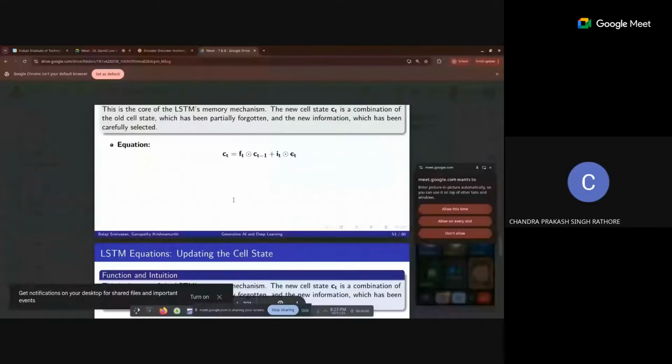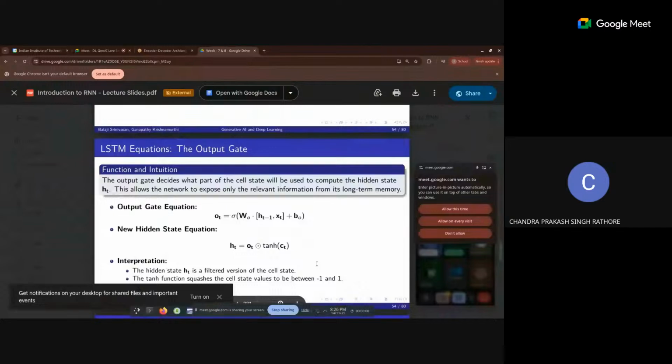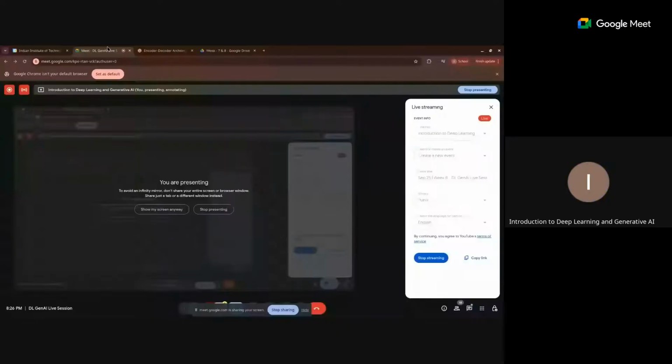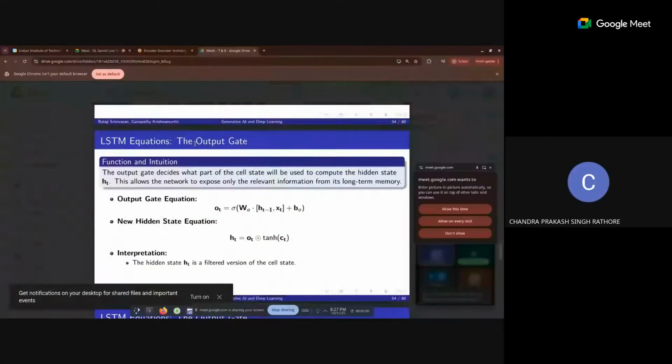Sir, is your screen stuck? How long has my screen been stuck? So we can see the current state's dependency on the previous state, that slide we could see. Okay. Could you see my screen now? The output gate. Yes, sir. Can you see my screen scrolling? No, sir. This is the same for everyone. Yes, the same. Okay.